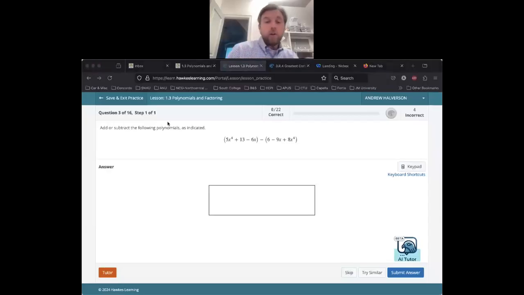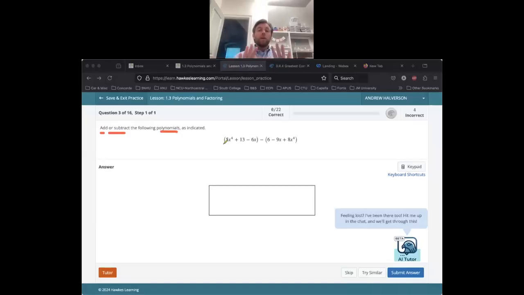So now, notice the directions here. It says add or subtract the polynomials. Okay, so take a step back. The study of algebra, in a lot of ways, is taking the rules of numbers that you learn. How do you add numbers? How do you subtract? How do you multiply? How do you divide? And you take those rules and you apply them for every new thing you get.